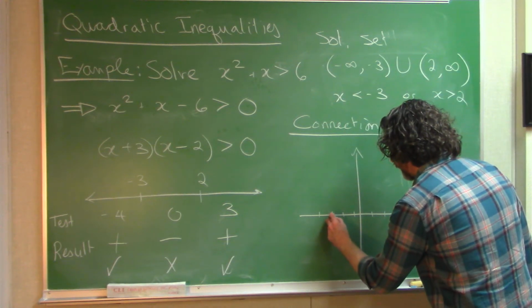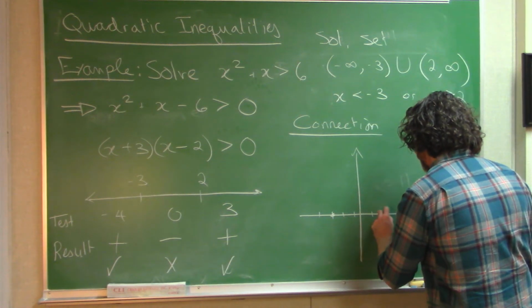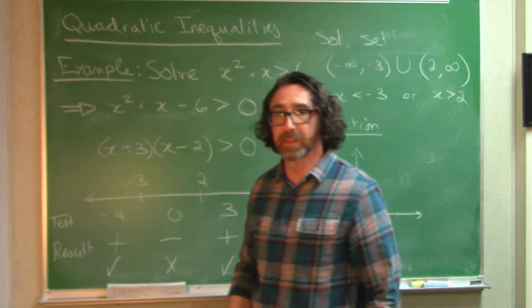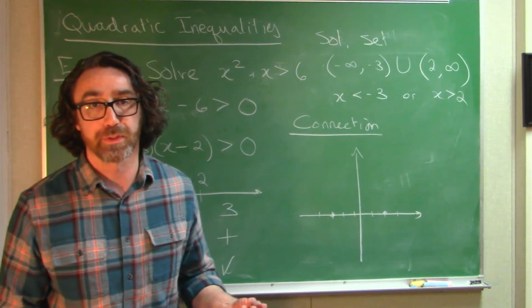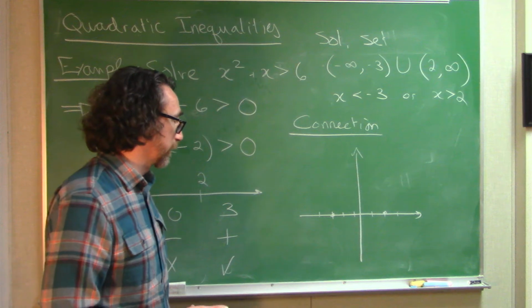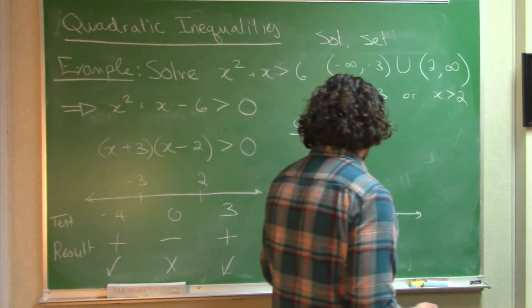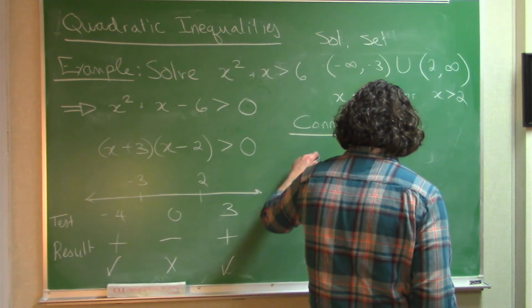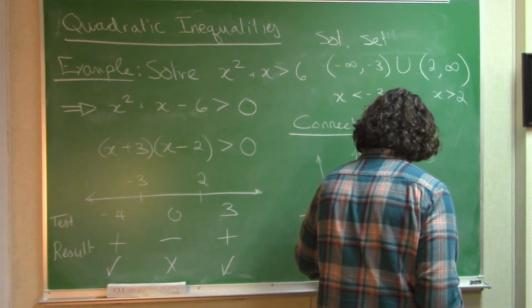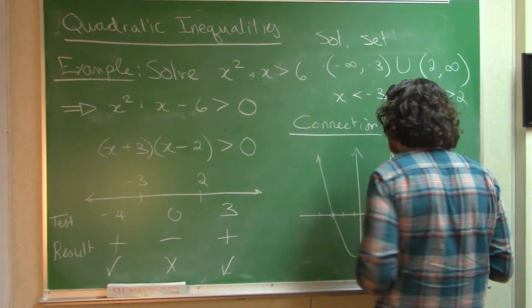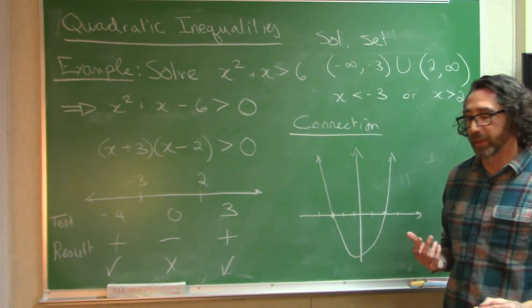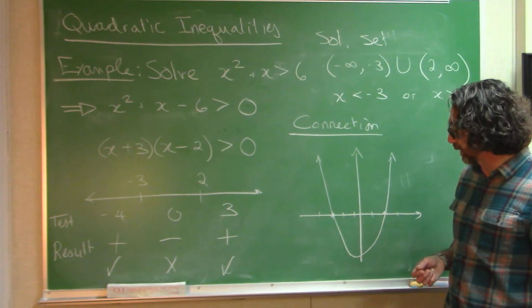It's 0 at x equals -3, and it's 0 at x equals 2. So that's telling me the x-intercepts of my function's graph. Those are my x-intercepts. So the graph is a U-shape, looking basically like that, without getting too picky about anything.